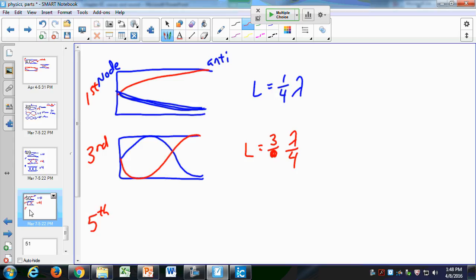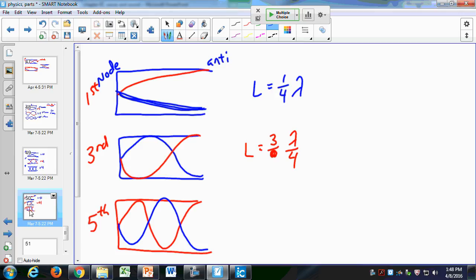And then the fifth harmonic is going to have how many wavelengths? 5/4 wavelengths. Let's see if I can draw it. It will look like this, and here the length is occupied by 5/4 wavelengths.